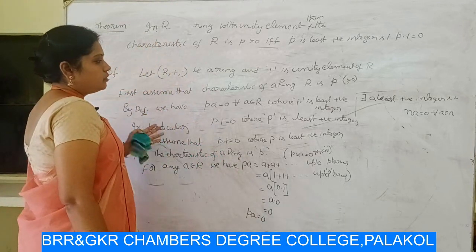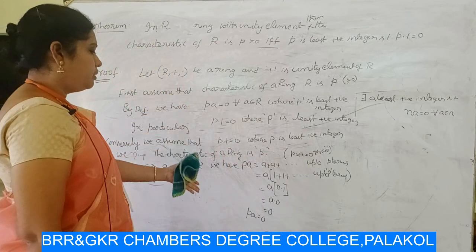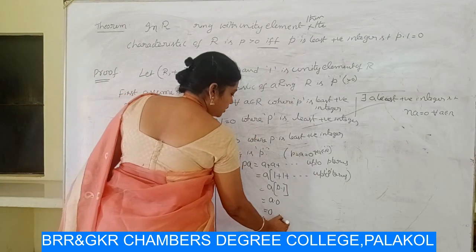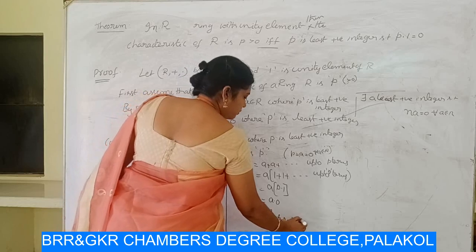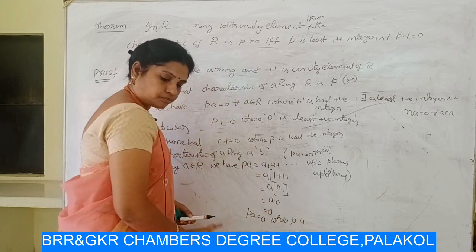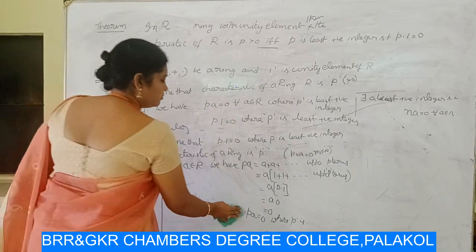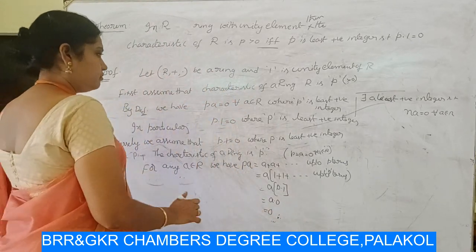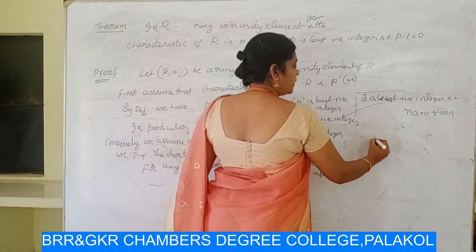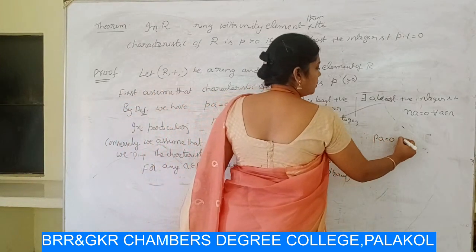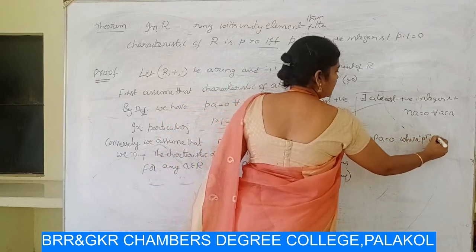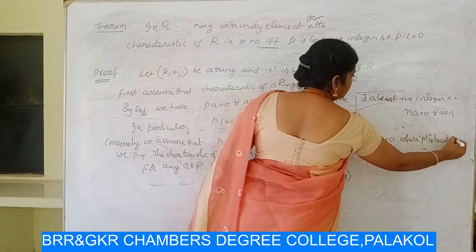That means if we take any element of R, we get Pa is equal to 0 where P is the least positive integer.